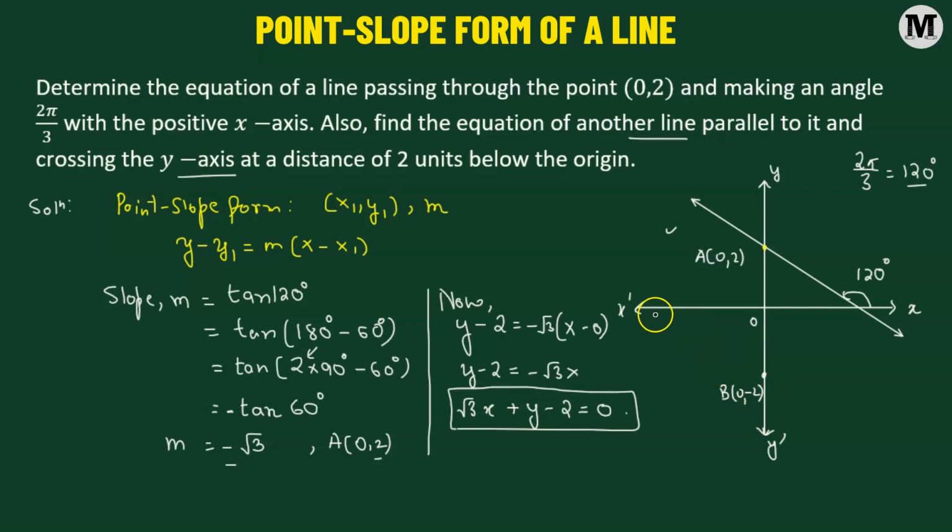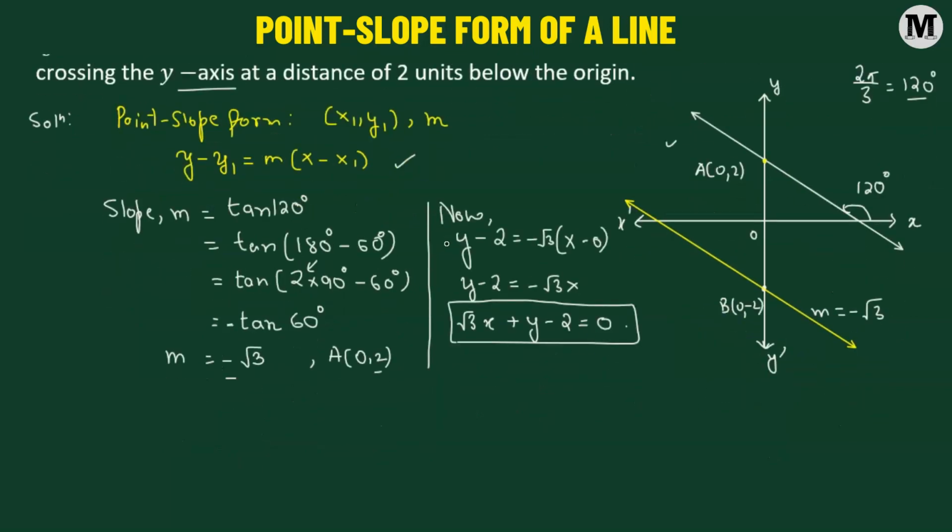So we will consider a line that passes through point B and is parallel to the previous line. This line, represented by the yellow color, has a slope equal to negative root 3 because it is parallel to the original line, and it passes through the point B (0, -2). Let's use the point slope form. The equation will be y minus y1, where y1 is -2, equals negative root 3 multiplied by x minus x1, where x1 is 0.